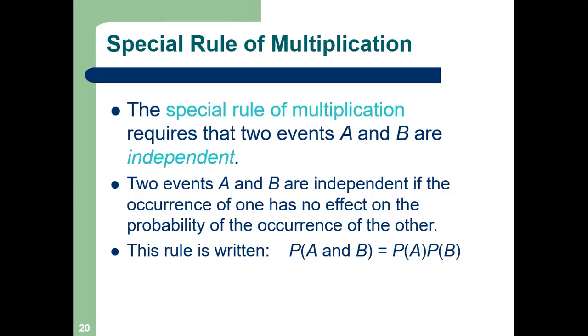These are two independent events, coin A and coin B. We are tossing two coins at the same time, or rolling two dice at the same time. So these events are independent. We can apply the rule of multiplication on these types of examples.